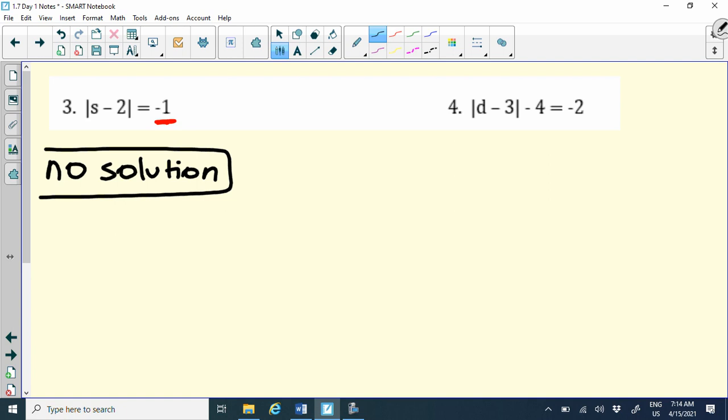Okay, let's look at number 4. So 4 is a little bit different because every single one we've done, we had the absolute value equals a constant. Here we have the absolute value of d minus 3, then a minus 4 equals negative 2. So anytime you have a number that is on the same side of your absolute value, we need to move it over to the other side because we really have to have our absolute value equals a constant or equals something else.